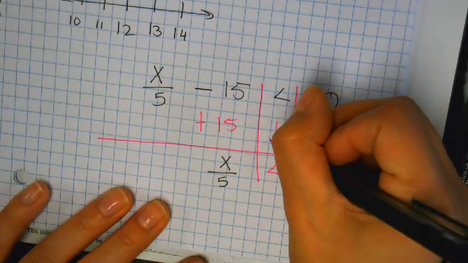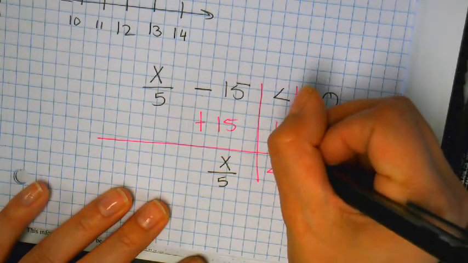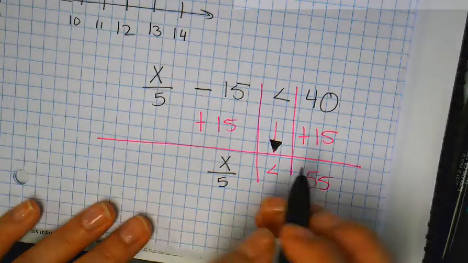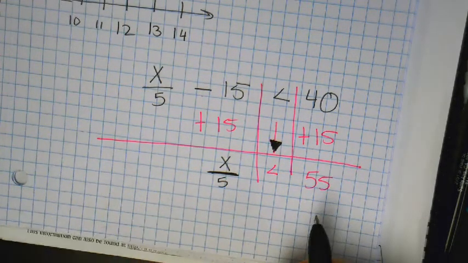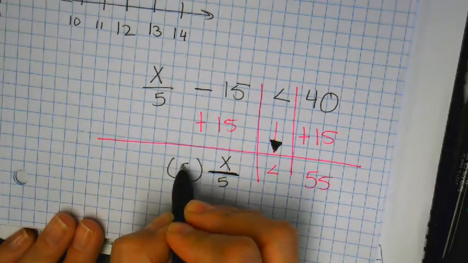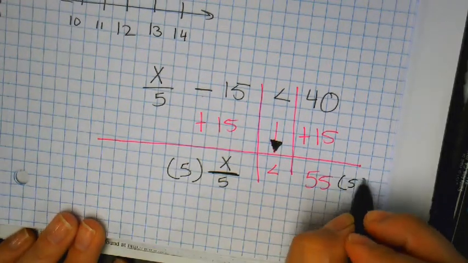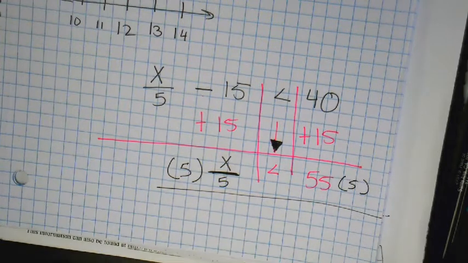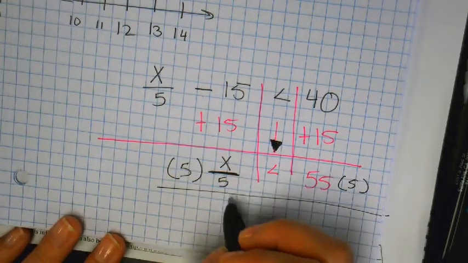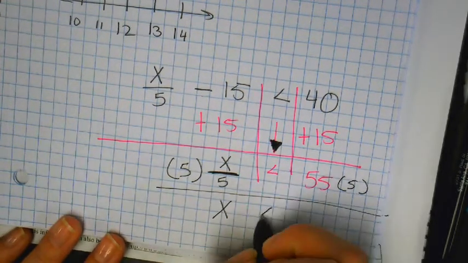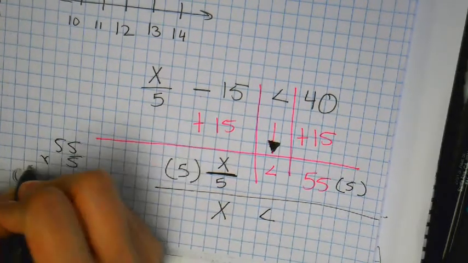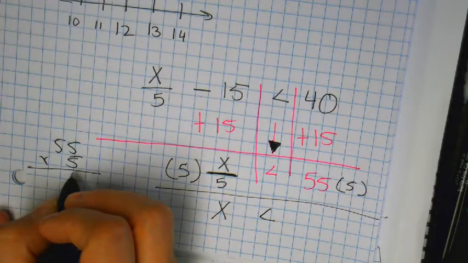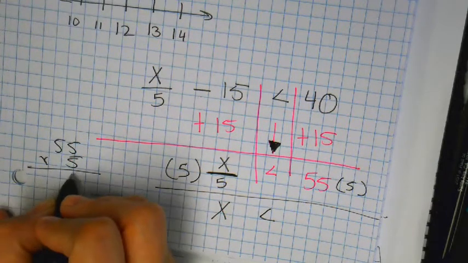Okay, how do I move the 5? Multiply by 5. Since this line means division, the opposite would be to multiply by 5. You're left on this side with x is less than 55 times 5. 55 times 5. 275.